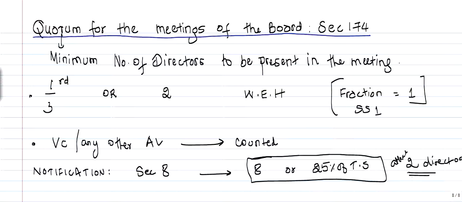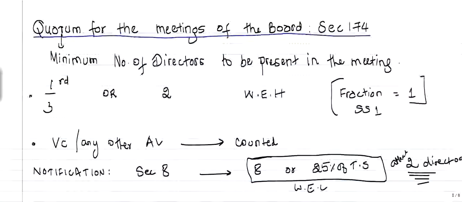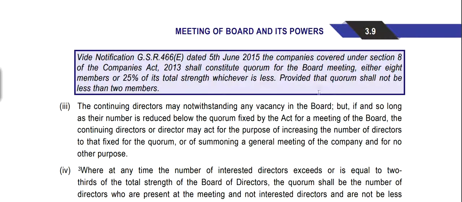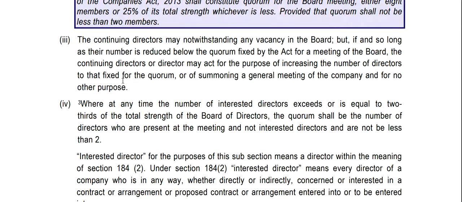Minimum quorum: 8 or 25% of total strength, whichever is less, but the condition is that at least 2 directors are required, provided the quorum shall not be less than 2 members.